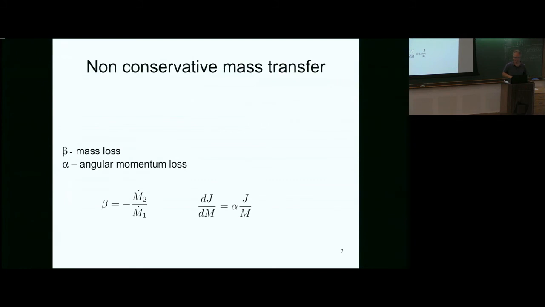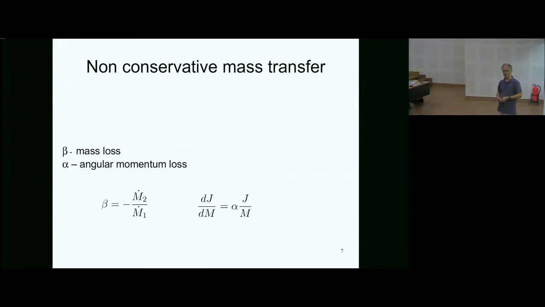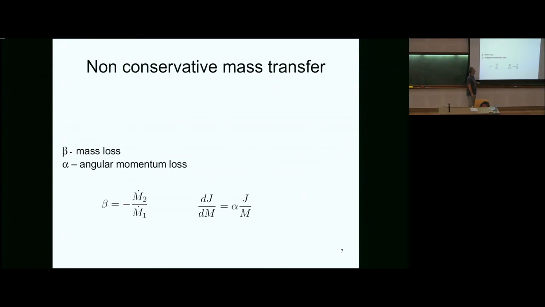So there are these various mechanisms, and in general, we can have non-conservative mass transfer, where we parameterize. If we have the loss of mass and loss of angular momentum from a system, we can parameterize it by having parameters that describe such a process. We can have beta, which is the measure of the mass non-conservation.